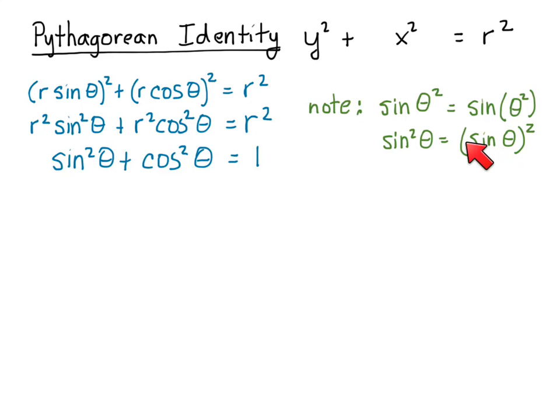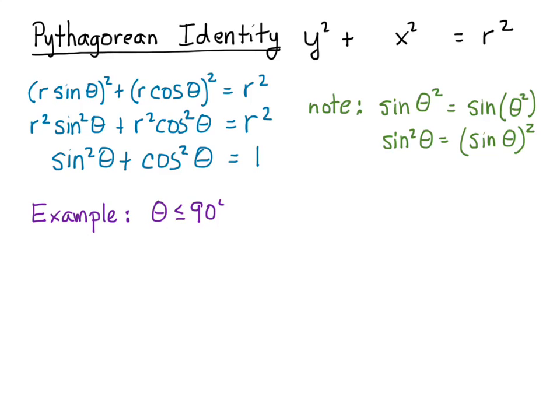This probably doesn't exactly follow the order of operations, where we have functions before exponents, but just by convention, this is the way it's always written, and this is the intended meaning.